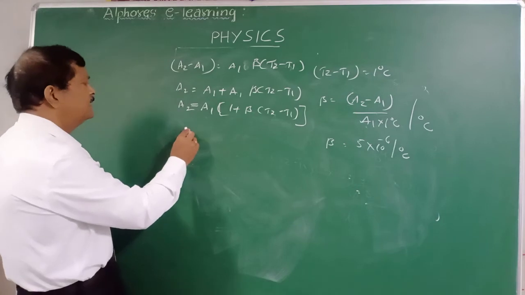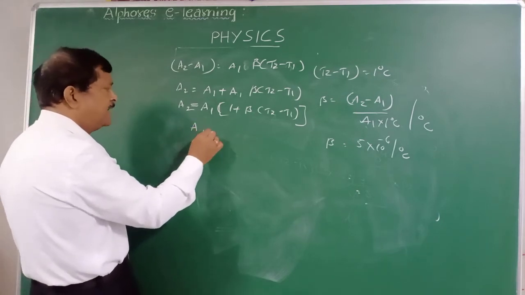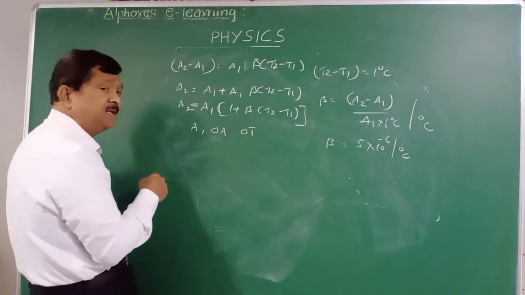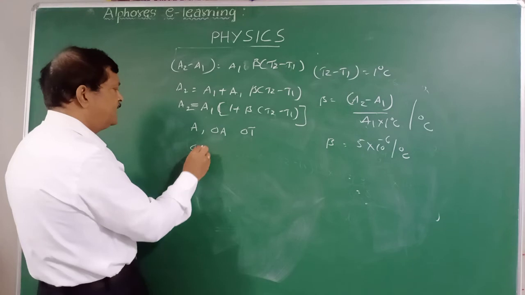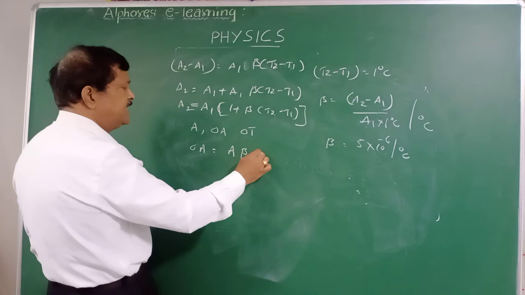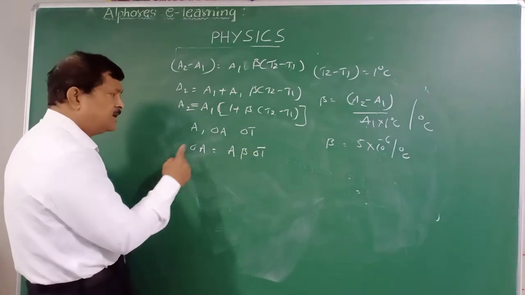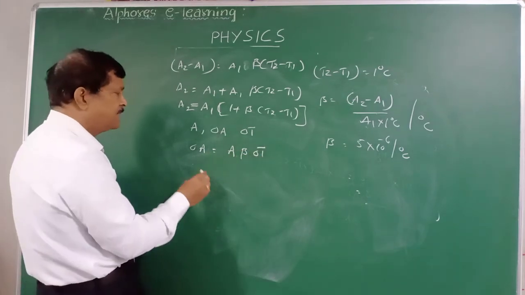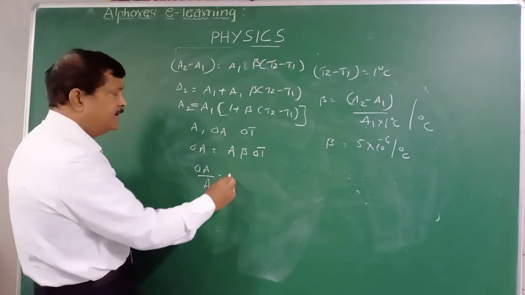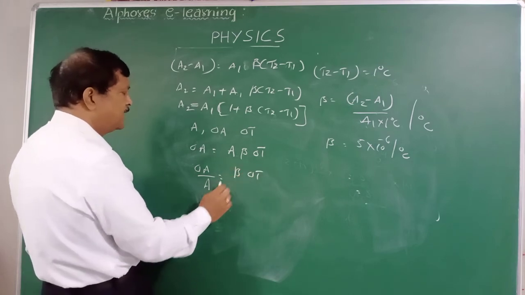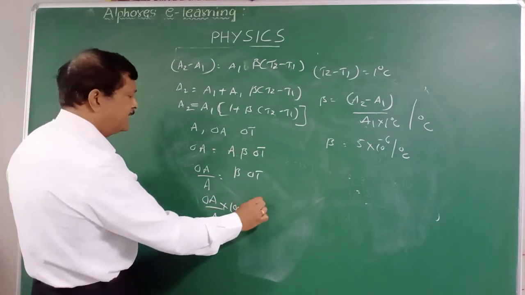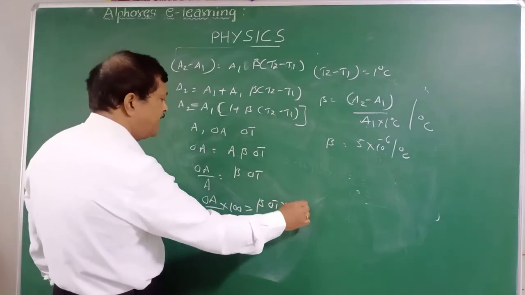Let us say the initial area is A and the change in area corresponding to a change in temperature delta T is delta A. Then very clearly delta A equals A beta delta T. The fractional change, delta A by A, is beta delta T, and the percentage change, delta A by A multiplied by 100, is beta delta T multiplied by 100.